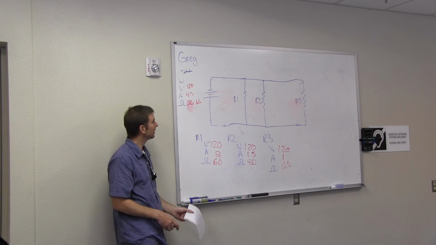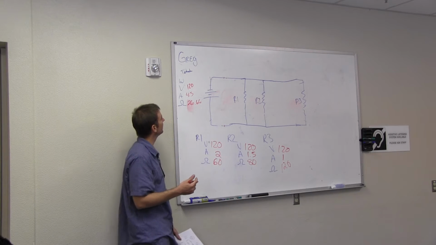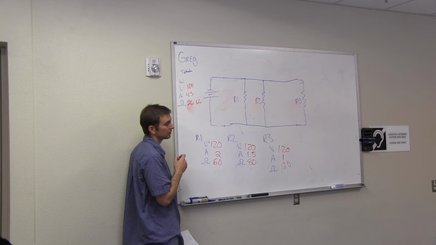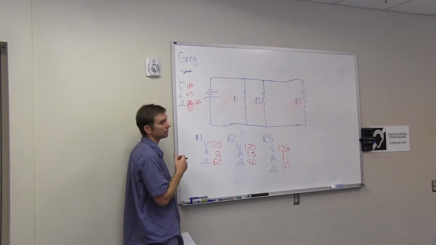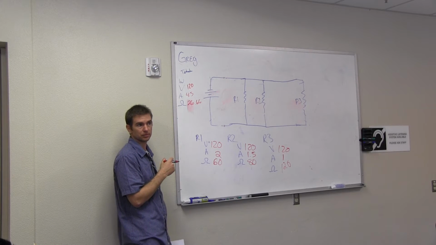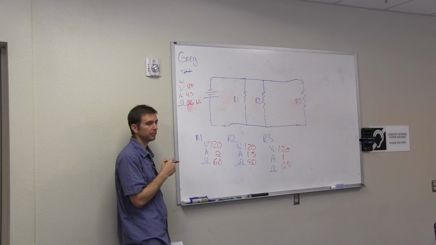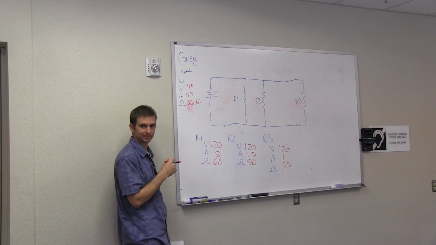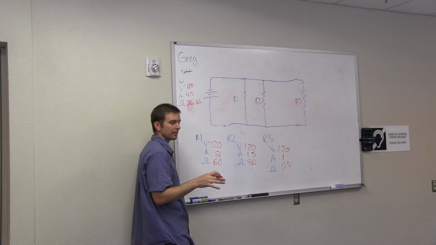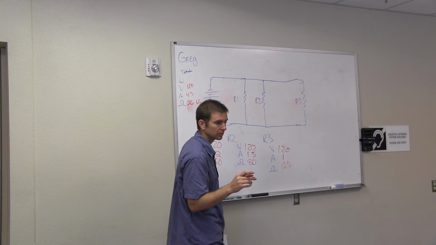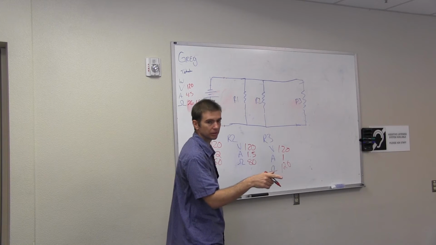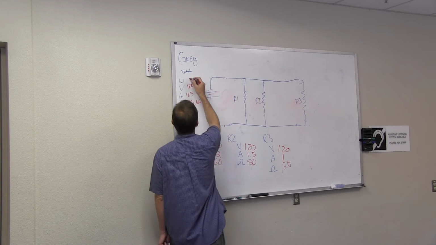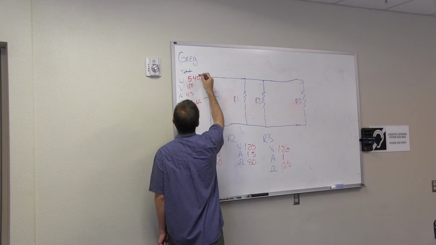Volts times amps. So volts times our ampacity is 120 times 4.5, which is equal to 540. Sounds good. So 120 times 4.5, right?